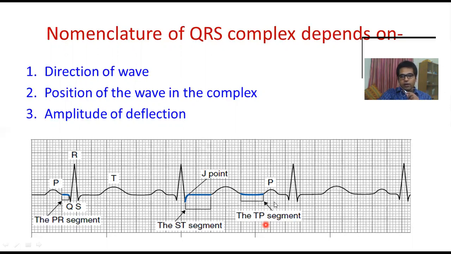Another very important point is the TP segment. It is the termination of the T wave to the onset of the P wave. The TP segment represents when the heart is in diastole, or when the cardiac muscle is in its resting condition, the resting membrane potential. So this is the baseline.